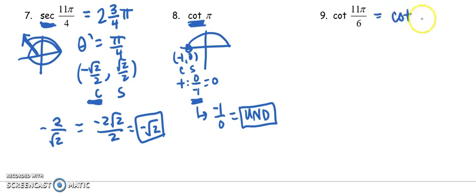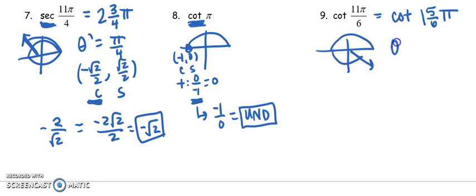So we're going to do cotangent of this one. This goes in 1 and 5/6 times. So we've got 1 and then 5/6 of a pi, aka 5/6 of a 180. So my reference angle here is pi over 6. You should already know pi over 6 is root 3 over 2, 1 over 2. And we went to the right and we went down, so that's negative and that's positive.